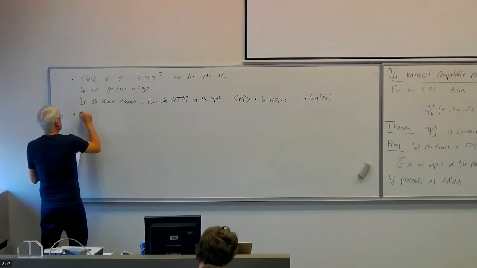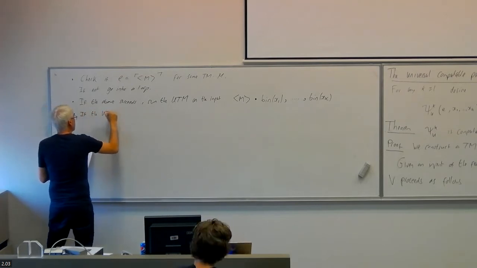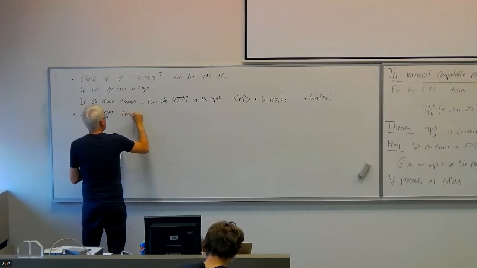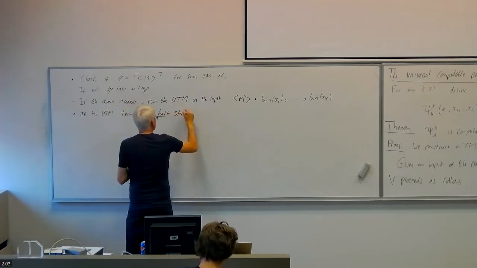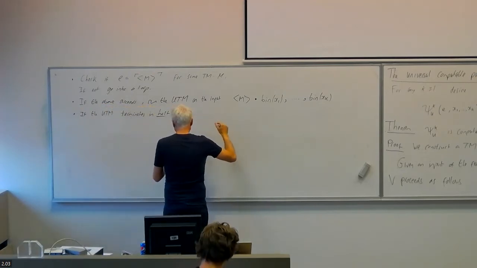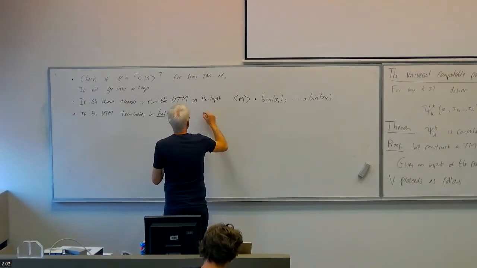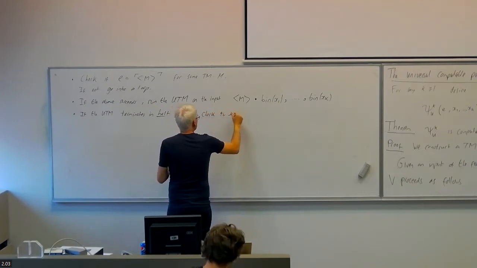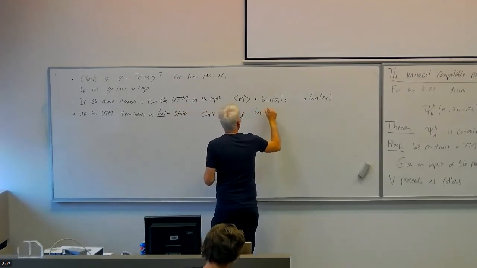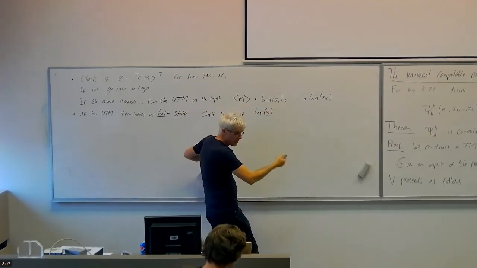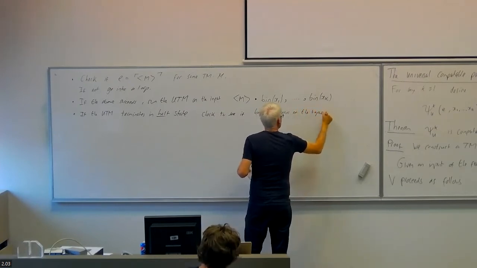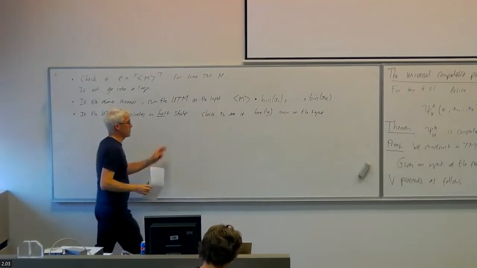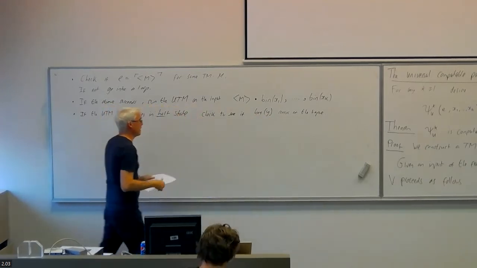So if the UTM terminates in hold state, check to see if the tape contains the binary representation of the number Y. This just means if some number of the form of binary representation of Y remains on the tape.